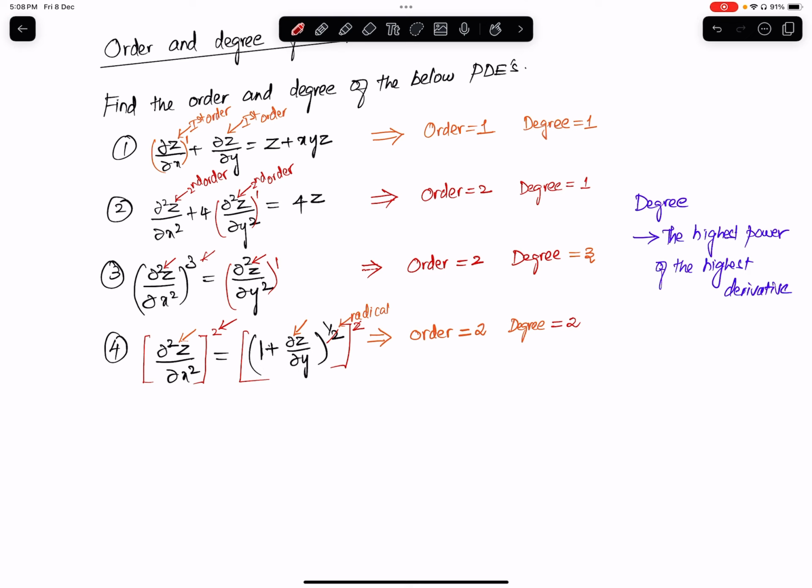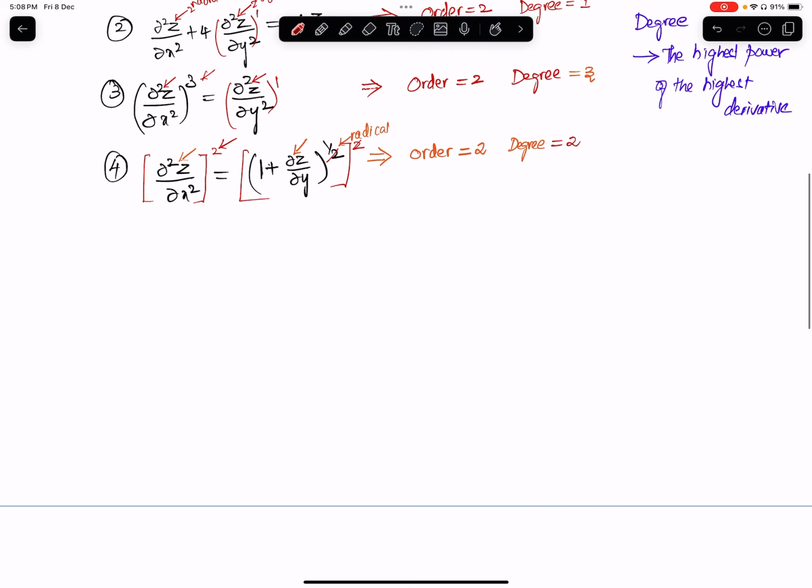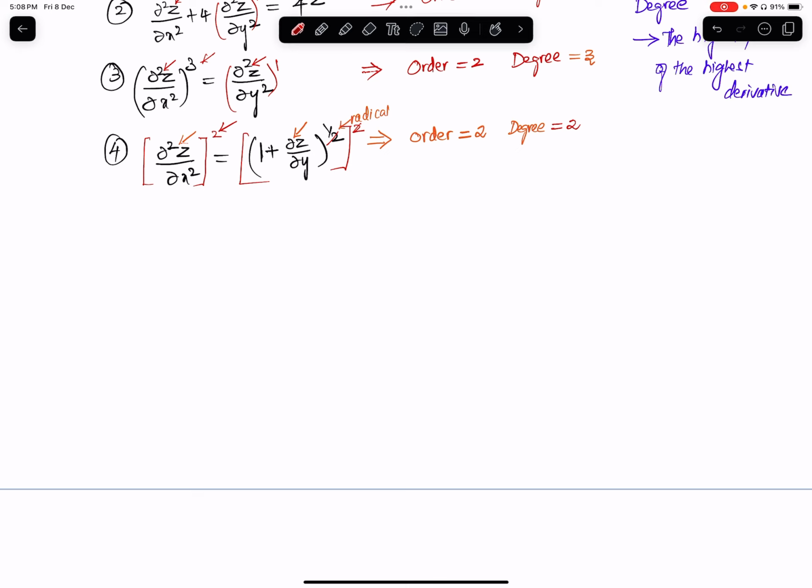Now let us go to the formation of PDE. The formation of PDE is done in two ways: by eliminating the arbitrary constants and by eliminating the arbitrary function.